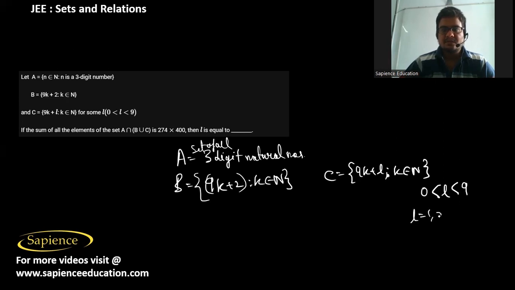So L can be 1 or 2 or 3 or 4 or 5 or 6, 7 or 8. From 1 to 8 it can be any number.